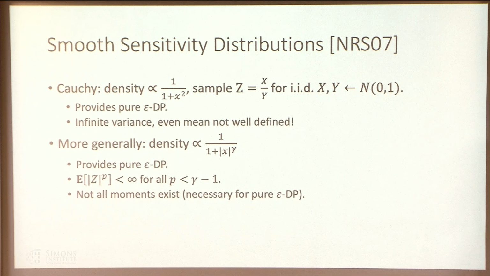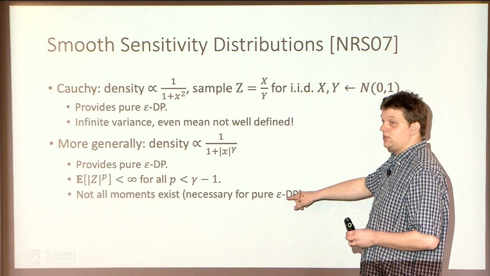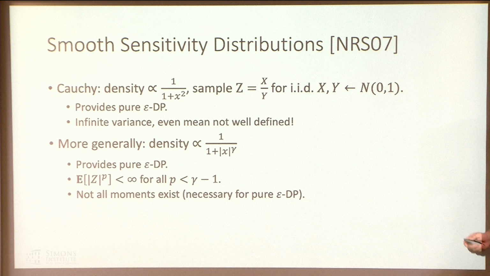Question? Don't the first and third bullet points kind of contradict each other? It says it provides pure epsilon DP, but then it's not... So it is necessary for a distribution satisfying pure DP to not have all its moments. Oh, I see. Okay, I see. I guess the logical implication there was a little confusing.